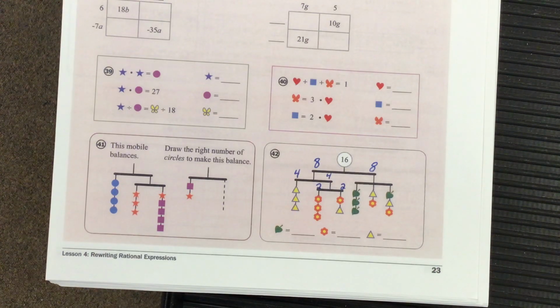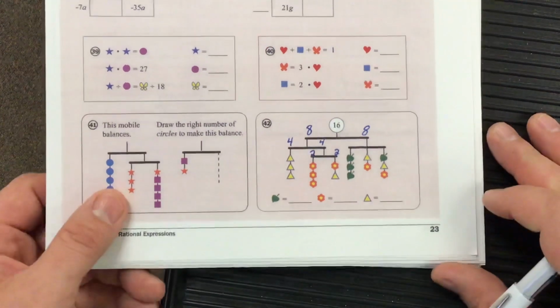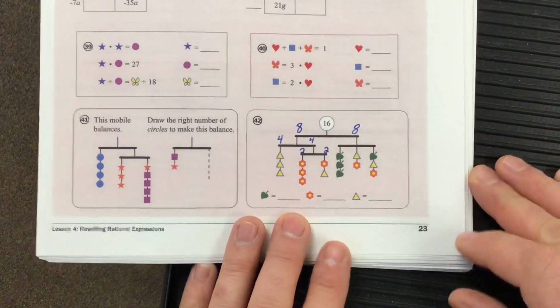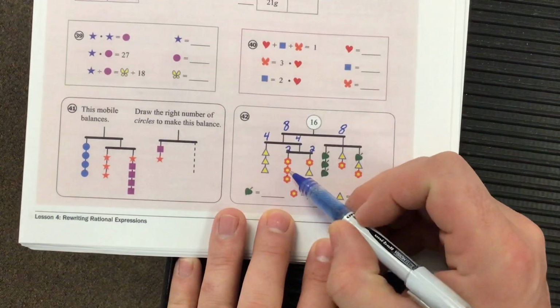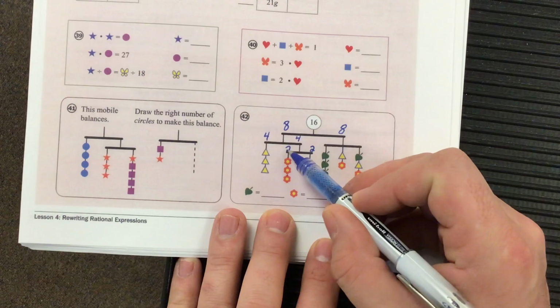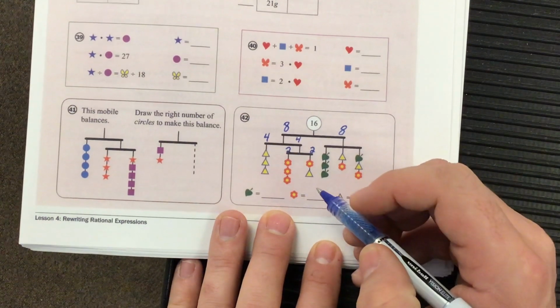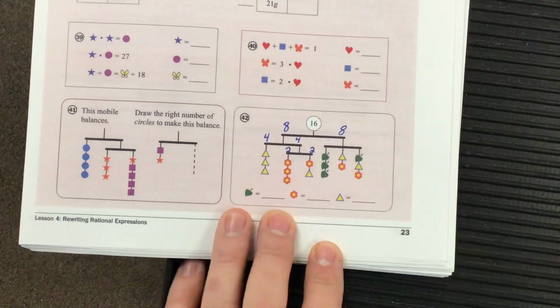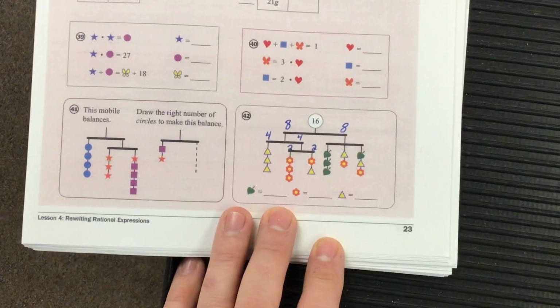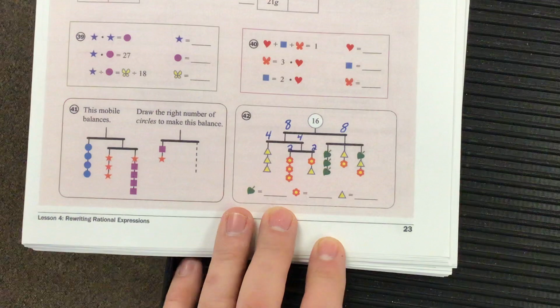I think the flowers are 1/3. 1/3, 1/3, and 1/3 is 1. So it's got to be double 1/3. What's double 1/3? 2/3.